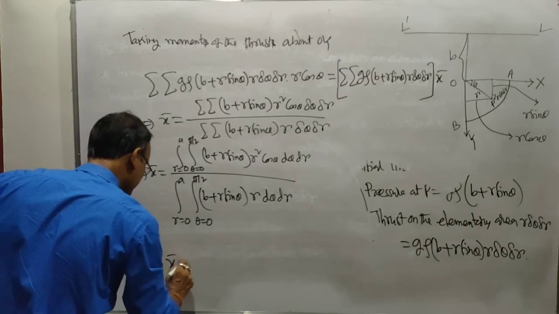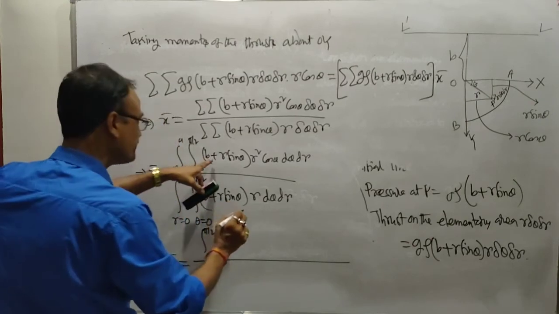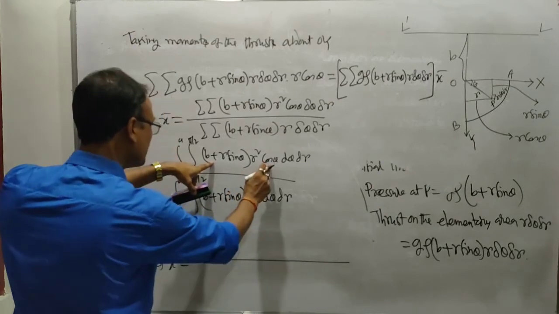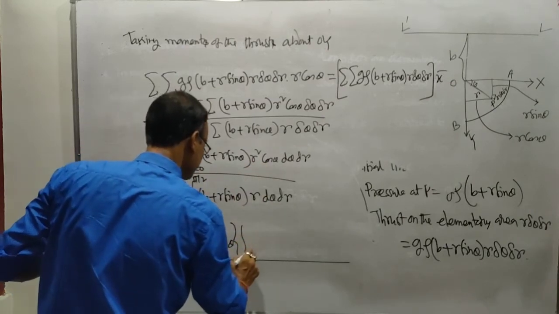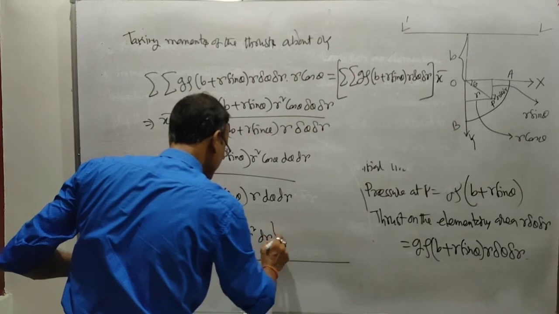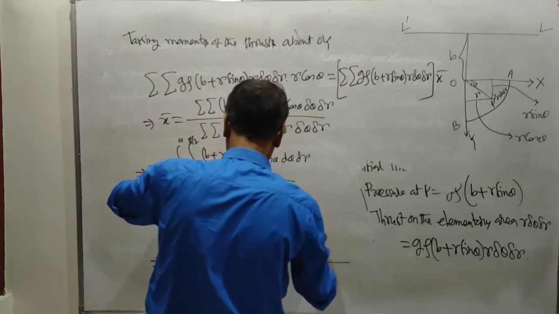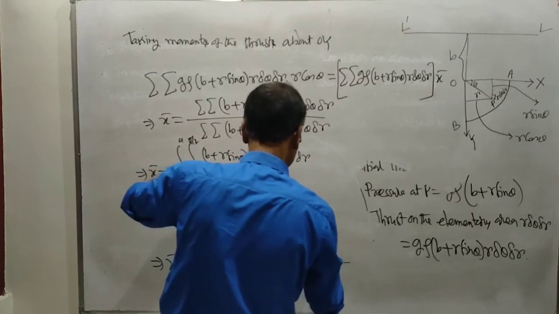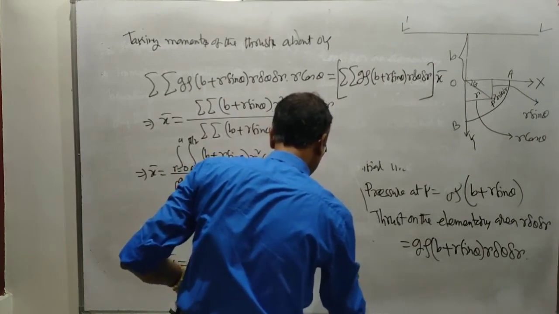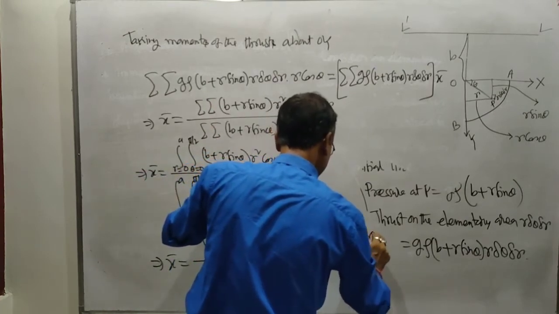Or x bar equals integration 0 to pi by 2 b cos theta d theta, integration r equals 0 to a r square dr, plus integration 0 to pi by 2 sin theta cos theta, integration r equals 0 to a r square into r, it will be r cube dr d theta.